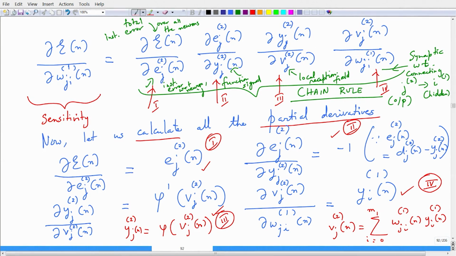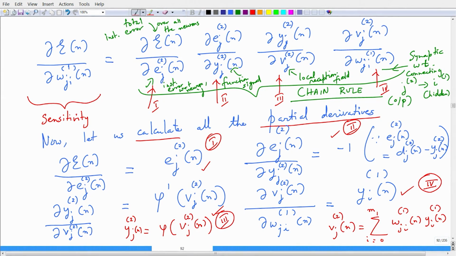The first term evaluates to Ej of n in layer 2, the second term happens to be -1, the third term is the derivative of the activation function evaluated at Vj of n in layer 2, that is the local reception field at neuron j in the second layer, and the last term is the function signal at node i in the hidden layer.